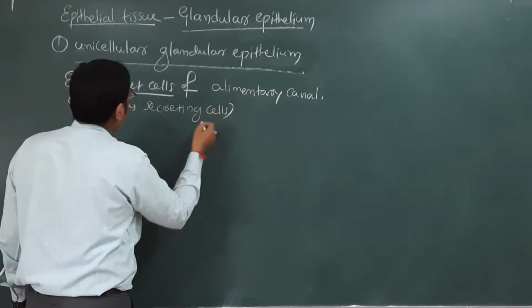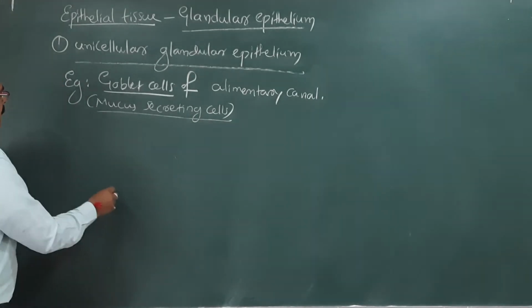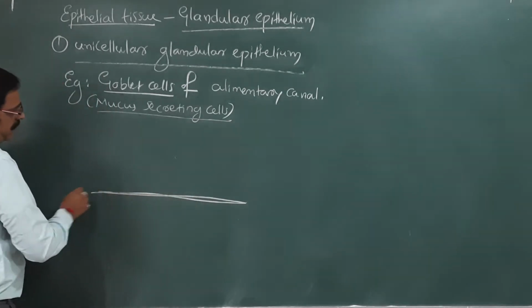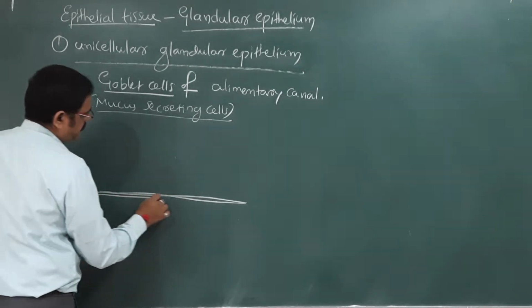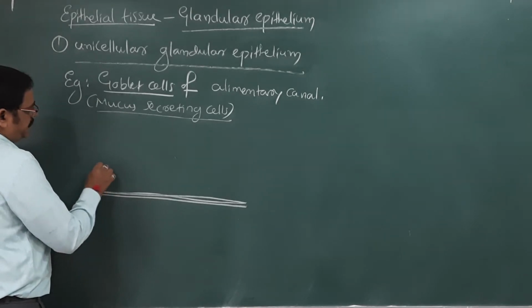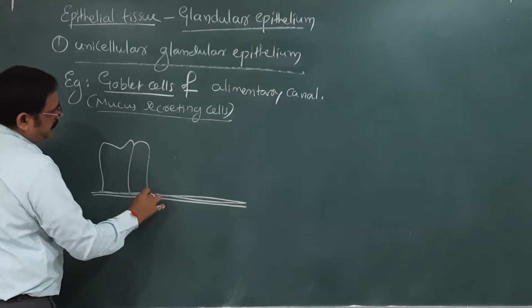So how do mucus secreting cells appear? Most of these cells rest on a common basement membrane. This is the basement membrane, and the cells may be like this, and like this.